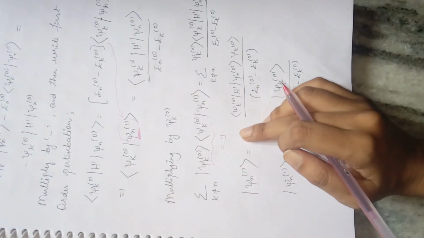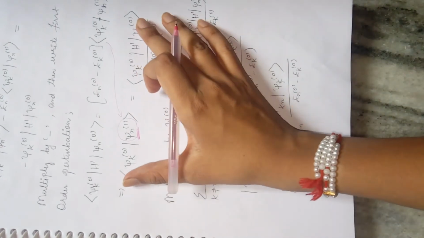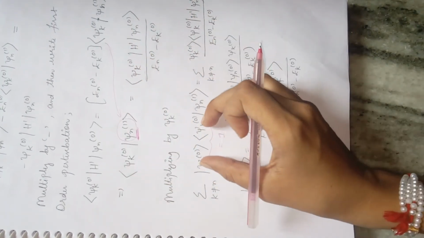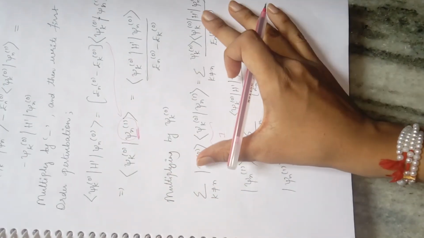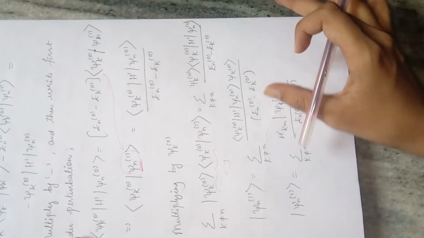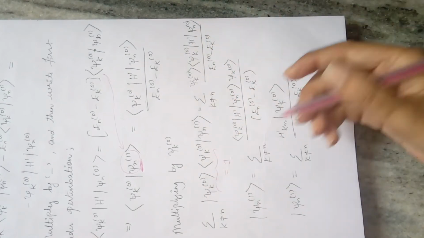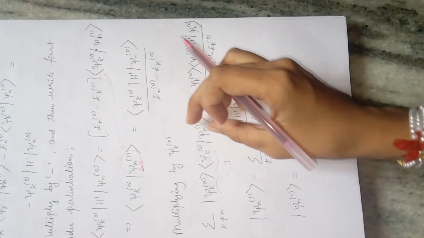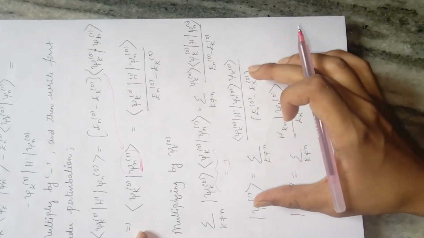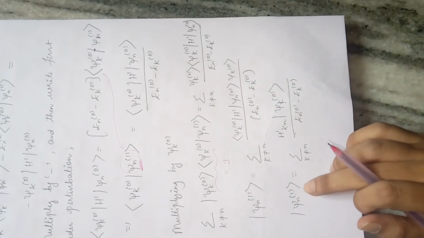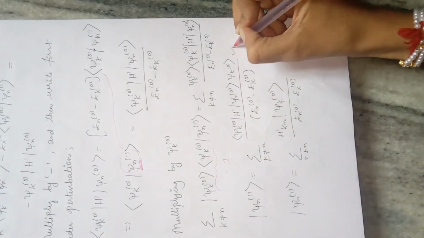How do you eliminate psi k naught? Just multiply by psi k naught on both sides, because we know that orthonormal bases will form 1. Once we multiply, this becomes equal to 1, and we get the required first order correction to the wave function, that is this particular thing. So this is your final equation.